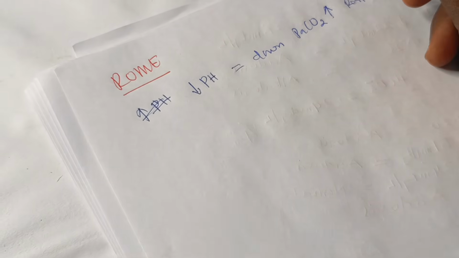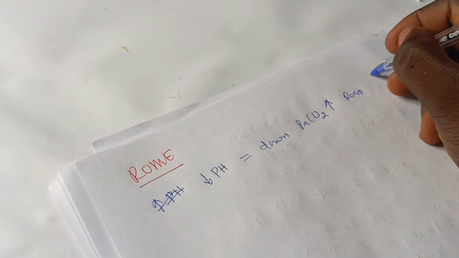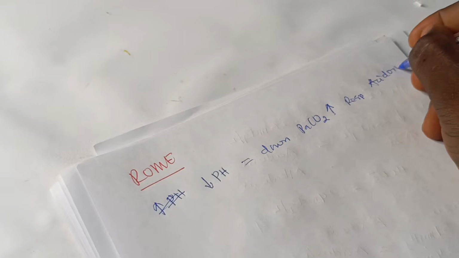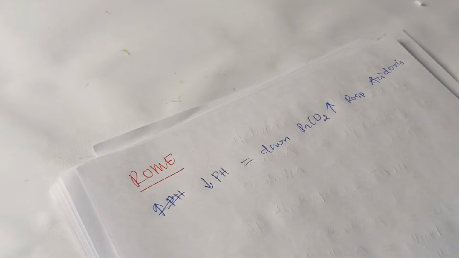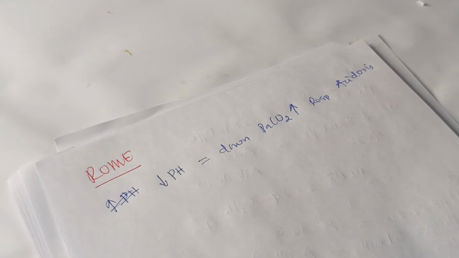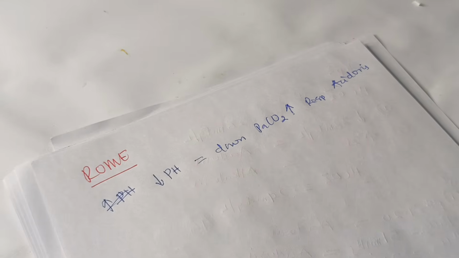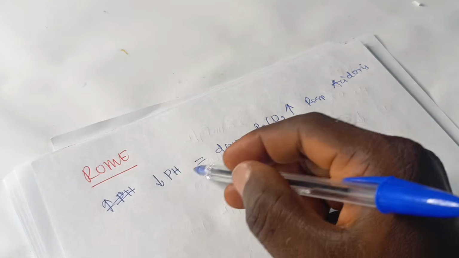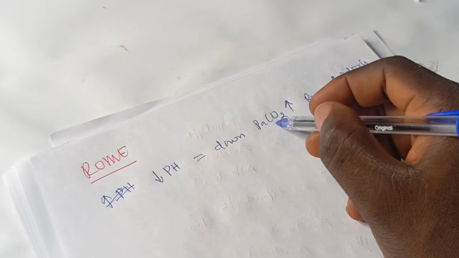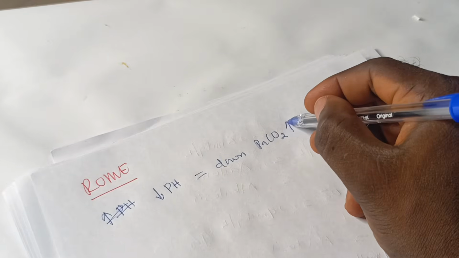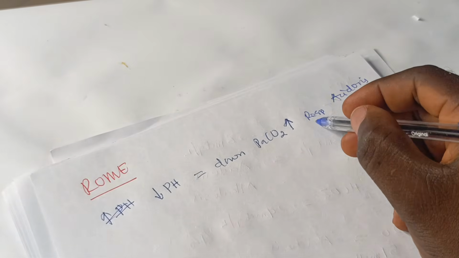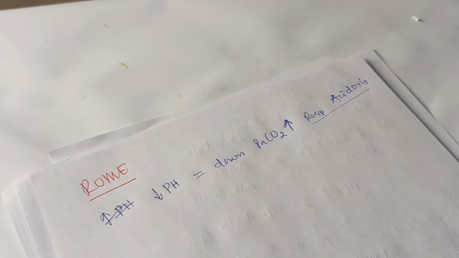Respiratory acidosis. I hope you got that. If pH goes down and carbon dioxide goes up, what you have is respiratory acidosis.